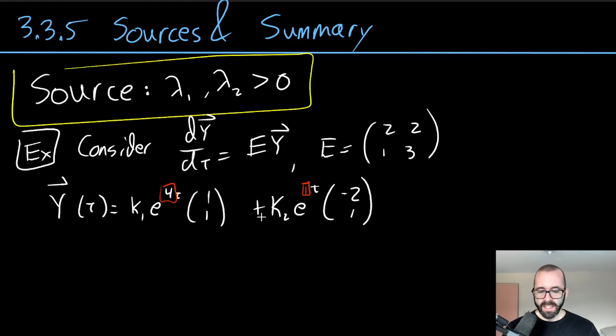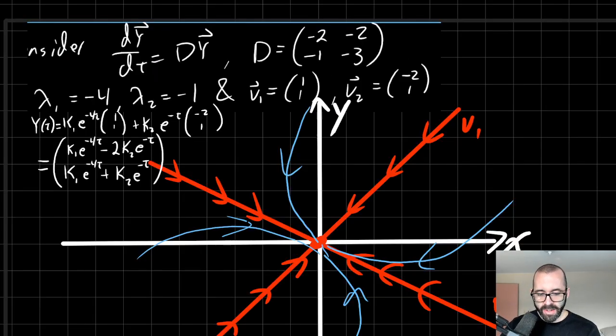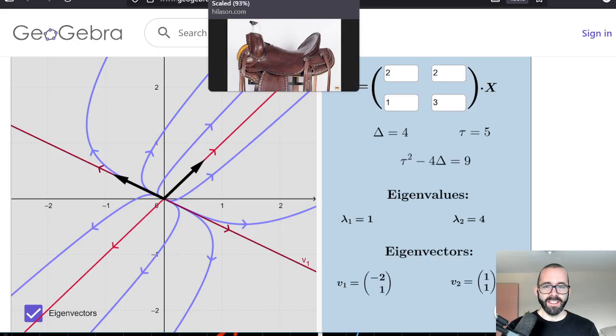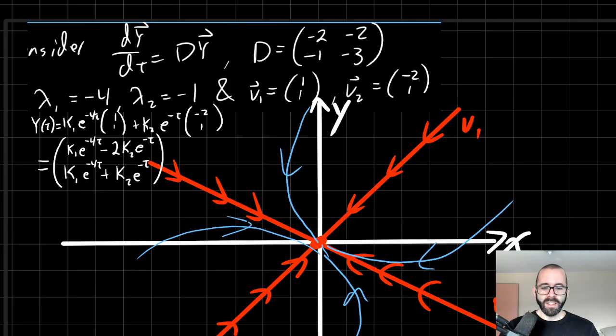In fact, I could draw the phase portrait for this quite simple. All I would have to do is change all these arrows, because this is actually almost the same exact phase portrait as what we did with a sink.